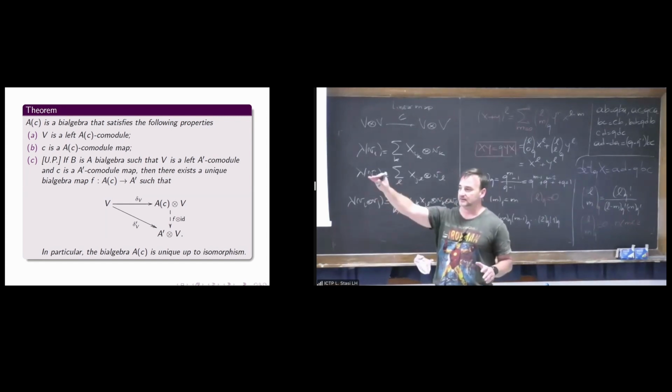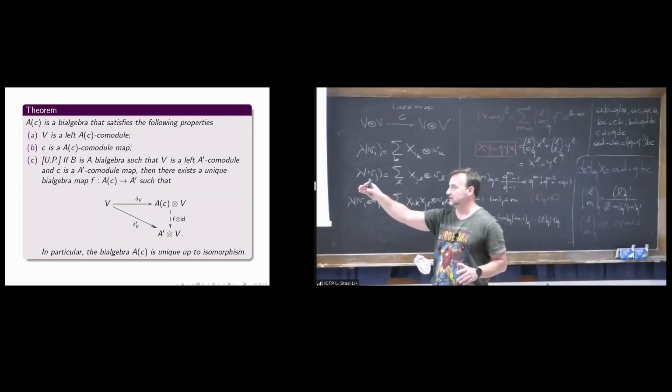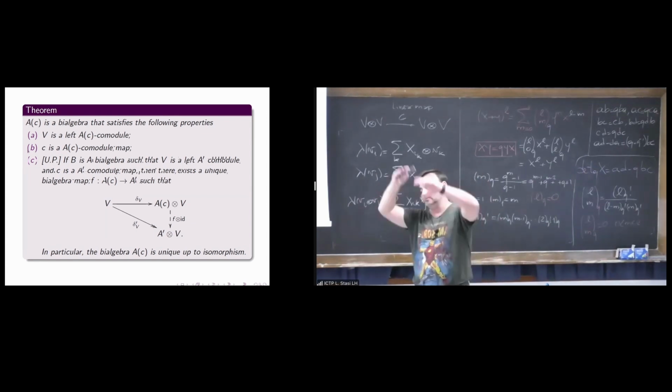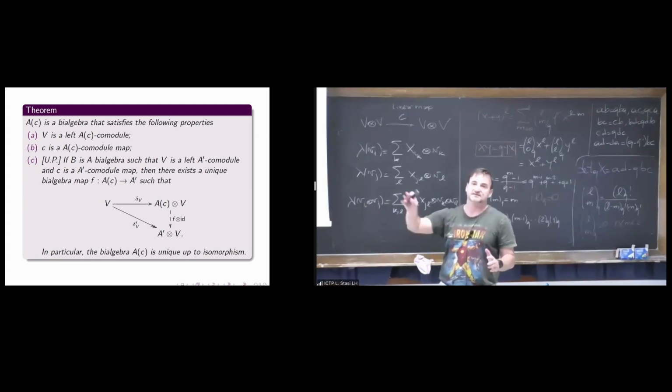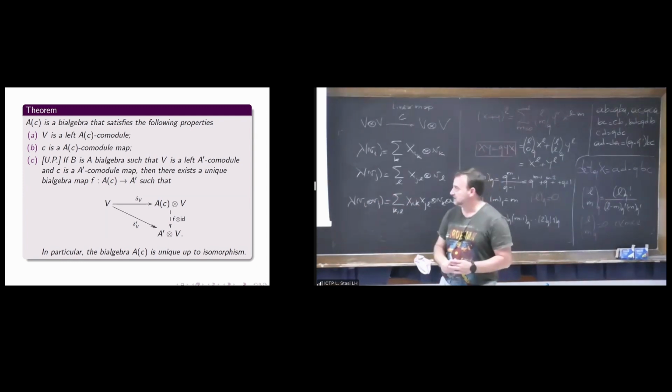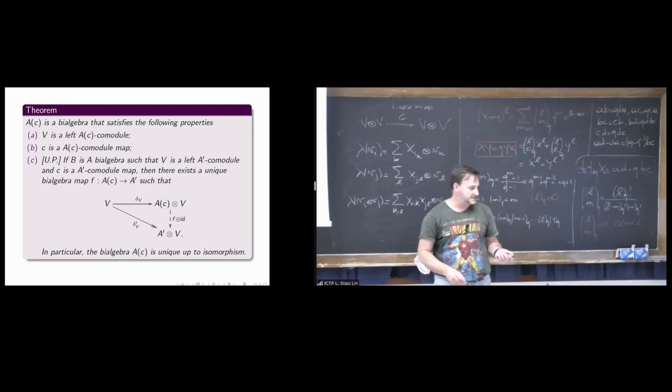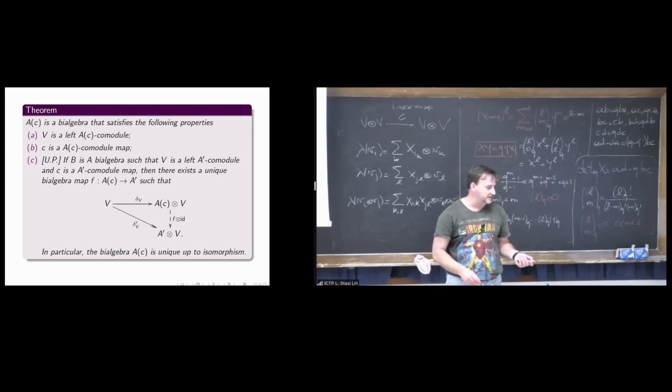So if someone finds another element that satisfies the same properties, it's yours. Maybe the definition is different, but this theorem is saying it's the same object, don't worry. And the property is that it's universal with respect to the coaction.